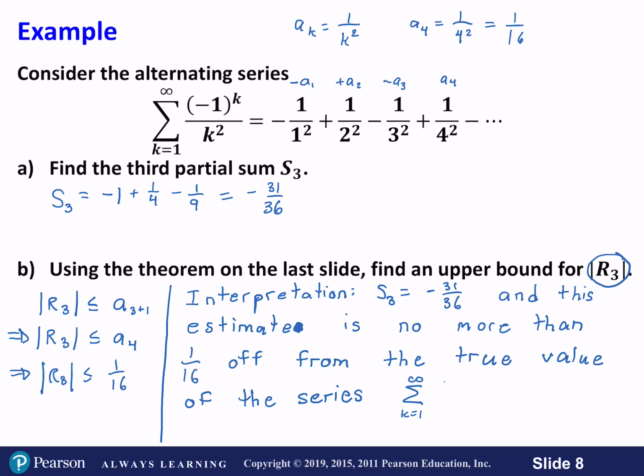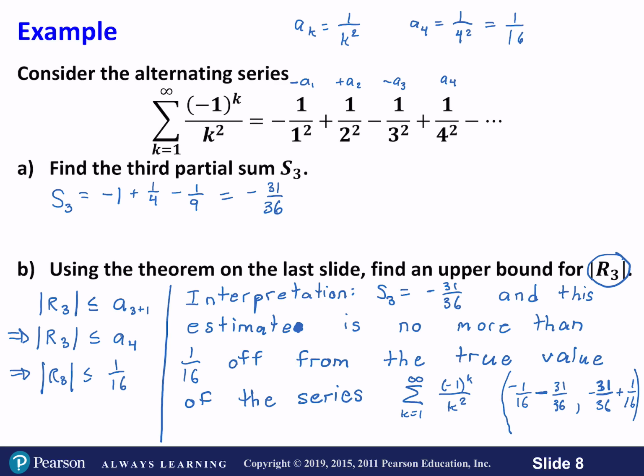All right, so if we wrote down our series, it looks like this. If we actually summed infinitely many terms here, our answer would be somewhere in the range of 1/16 minus 31/36 and negative 31/36 plus 1/16.